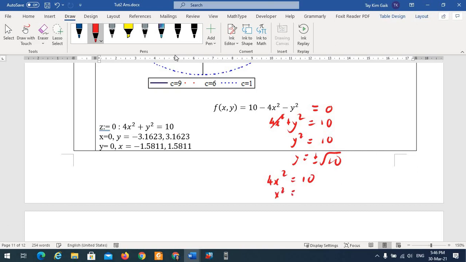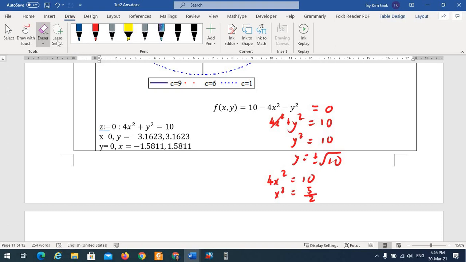So x squared will be 10 over 4, or 5 over 2. When y is 0, 4x squared is 10, so x squared is 5 over 2.